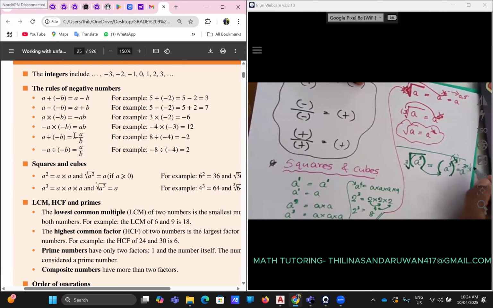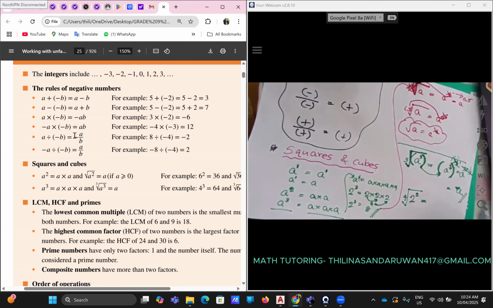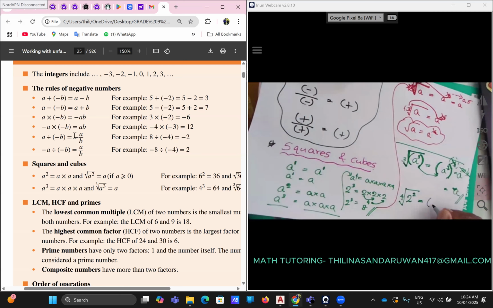So let's try another example, like let's say this. What will be the answer? I should use a bracket, then the number or equation inside the square.